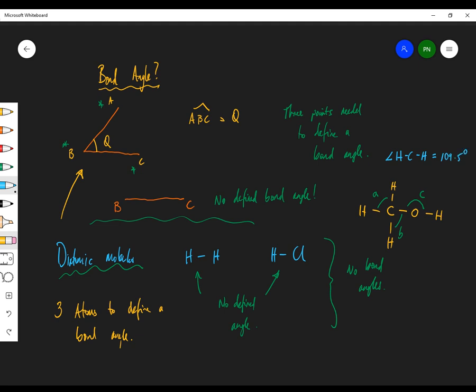Angle B, this is A by the way, would be HCO, and that one would also be 109.5. And then angle C would be the angle between C, O, and H, and that I think is 104.